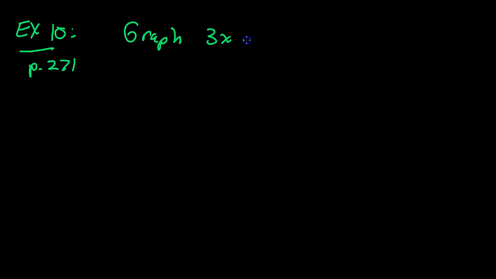This is example 10 on page 271. I think it's the last example for this section. They ask us to graph 3x minus 2y equals 8 using the x and y intercepts.